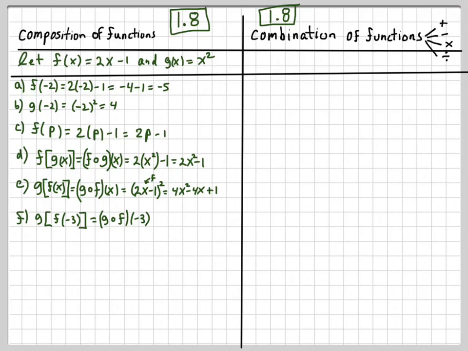We would start with a negative 3, plug it into f, and figure that out. And so we would find that f of negative 3 is equal to negative 7. After that, we take that negative 7 and substitute it into g. And we would get negative 7 squared, which is 49, and that would be the answer to that.